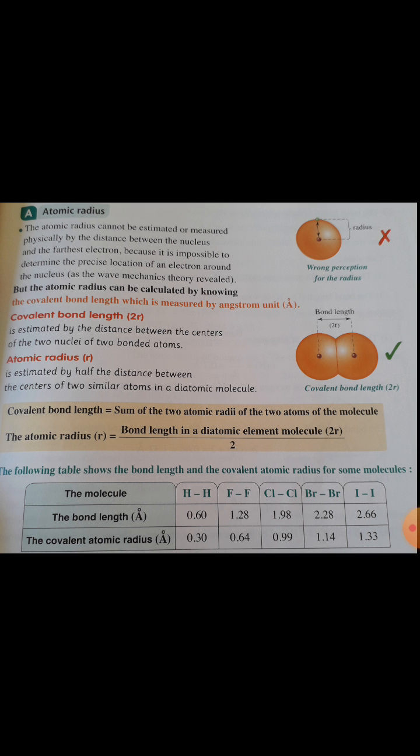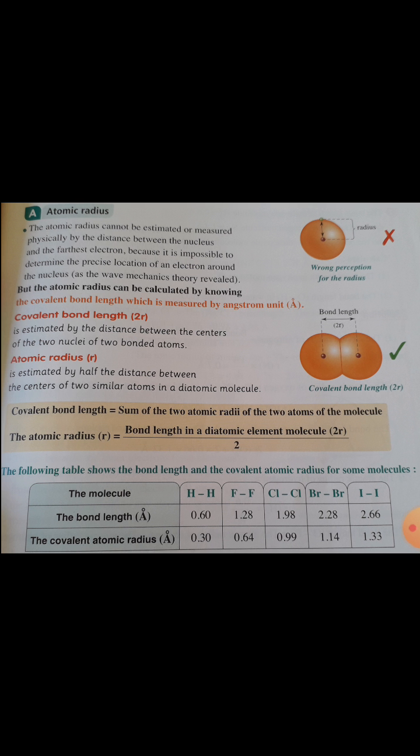So here, we can get the radius of just one of them, as the atomic radius here will be half the distance between the centers of two similar atoms in a diatomic molecule. So we can get the atomic radius here by dividing the bond length by 2.